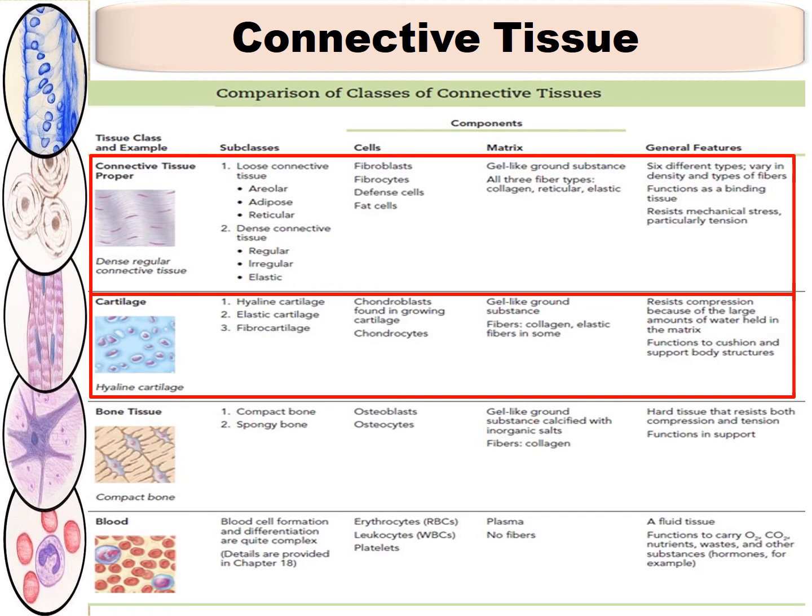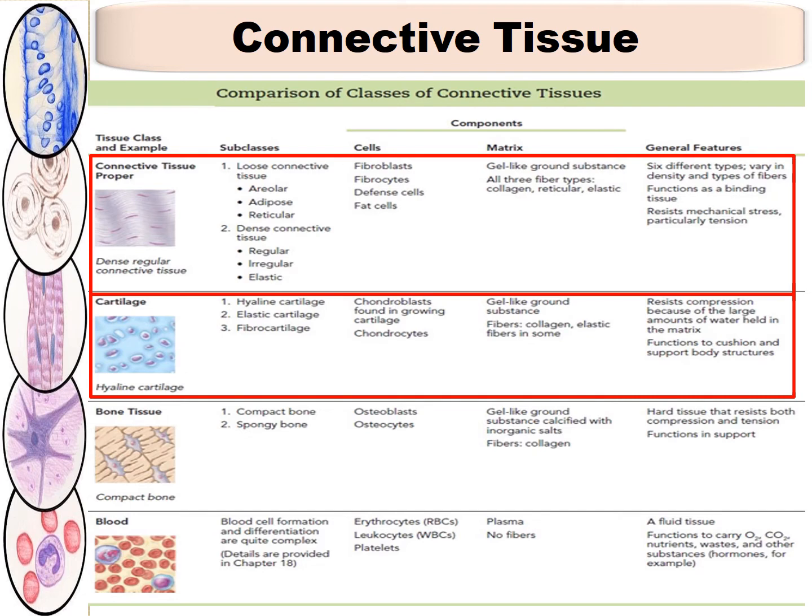They are the hyaline cartilage, elastic cartilage, and fibrocartilage. These cartilages have different kinds of cells as main structural components. They are the chondroblasts found in the growing cartilage and chondrocytes.